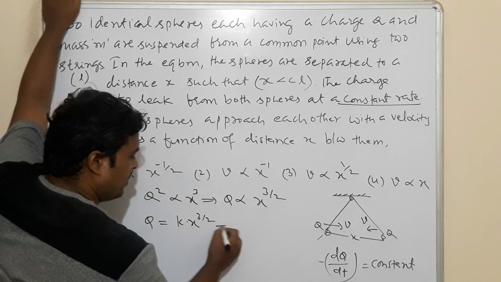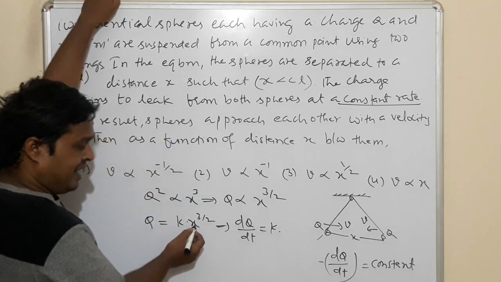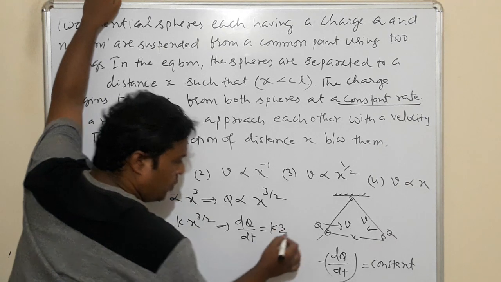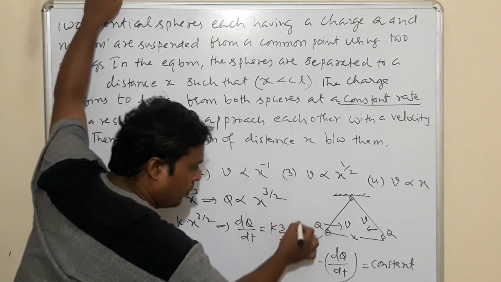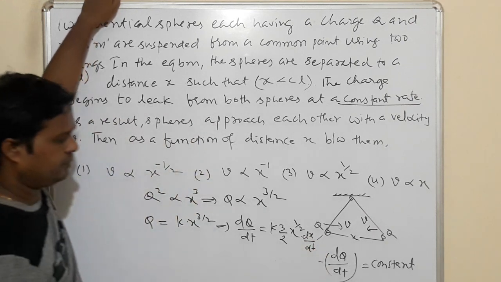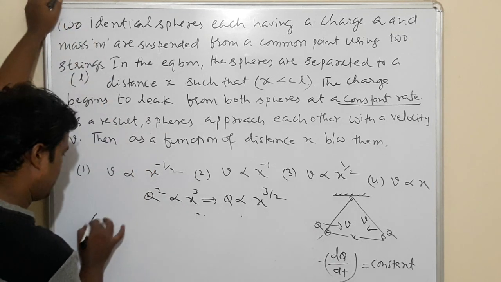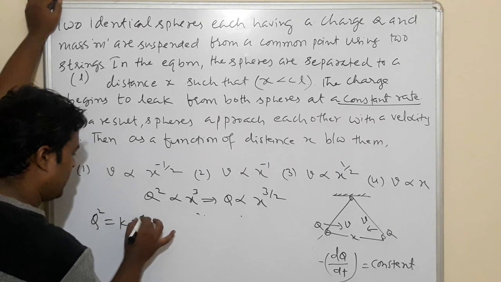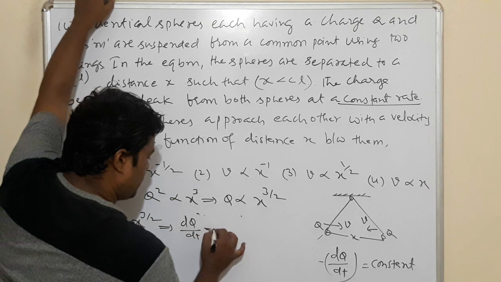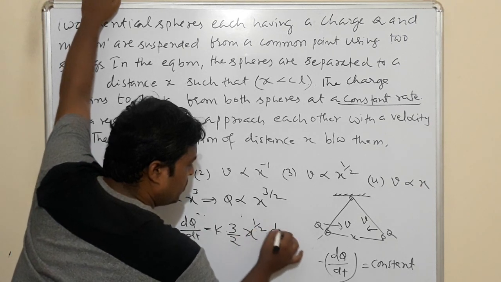Then if you differentiate with respect to t, you will get dq by dt is equal to this constant as it is, and x raised to 3 by 2 differentiated with respect to t gives 3 by 2, x raised to 3 by 2 minus 1, that is half, into dx by dt.